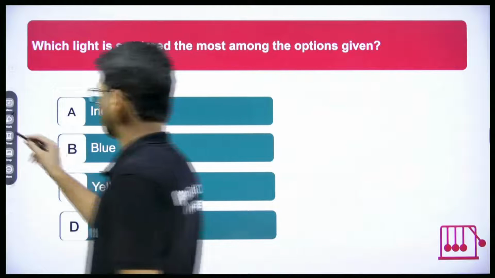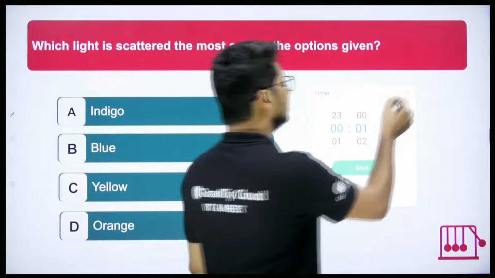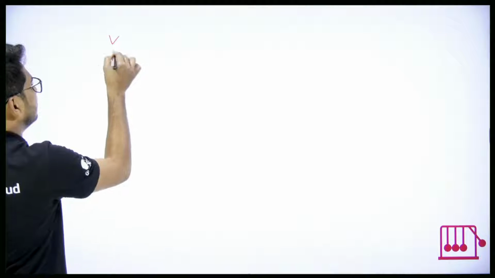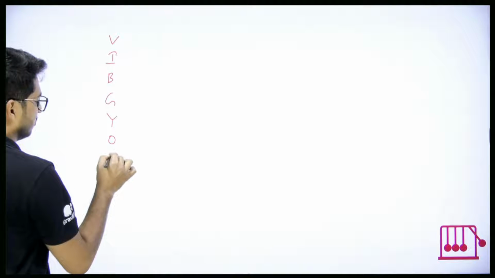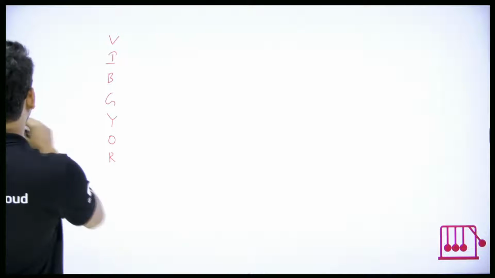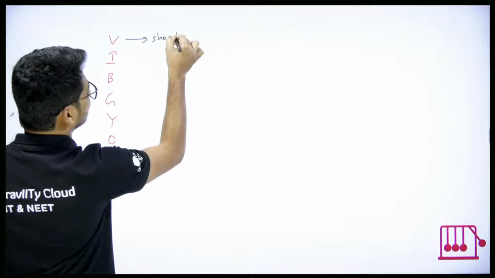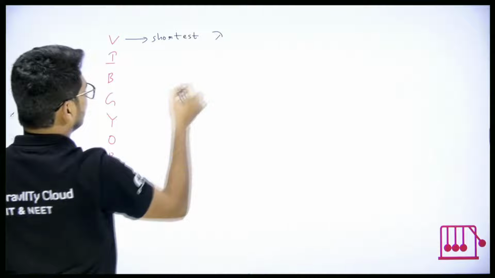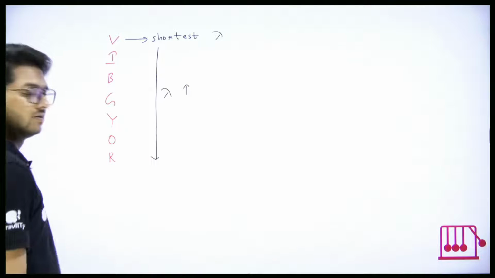Now let me explain. So first of all, it's important to understand the relation between the wavelengths, right? So when we go into the colors, VIBGYOR, which has the shortest wavelength? Violet has the shortest wavelength, and hence from violet the wavelength increases.